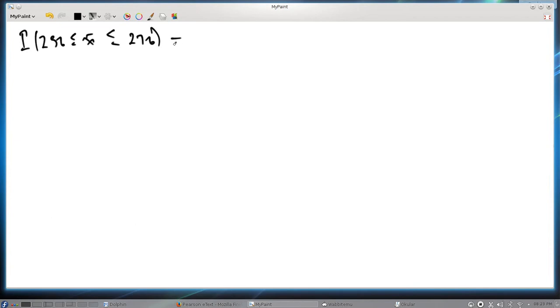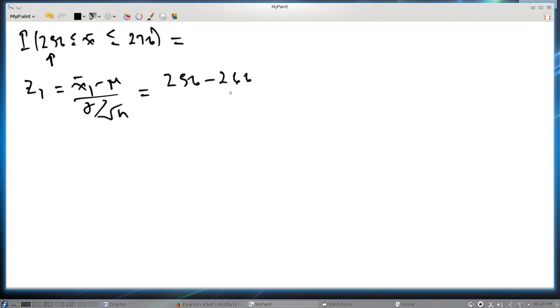Okay, so a z1 corresponds to an x bar 1 minus mu all over sigma square root of n. In this case here you have 256 minus 266 divided by 16 over square root of 15.